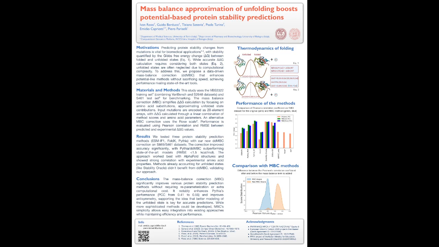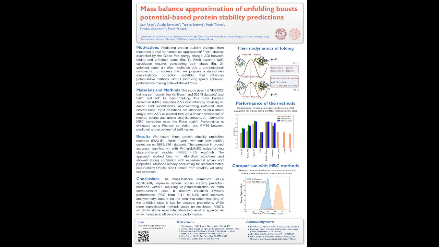So, if one considers the correct process, taking into account also the differences in free energy between the unfolded states, one can make the approximation, which is not so drastic, of considering that the free energy difference between the unfolded state of the wild type and mutated protein is just the difference in free energy between the amino acids involved in the mutation.